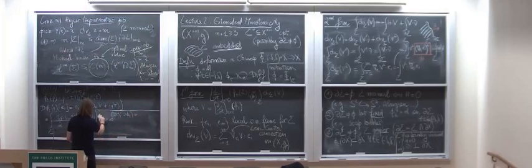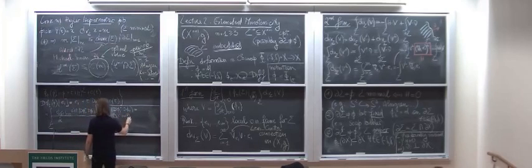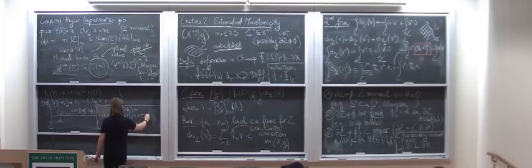Let me keep the dependence on t because I don't want to skip a step here. I get a square matrix, and the ij term is going to be equal to e_i plus t D_{e_i} v plus little o of t, times e_j plus t D_{e_j} v plus little o of t.